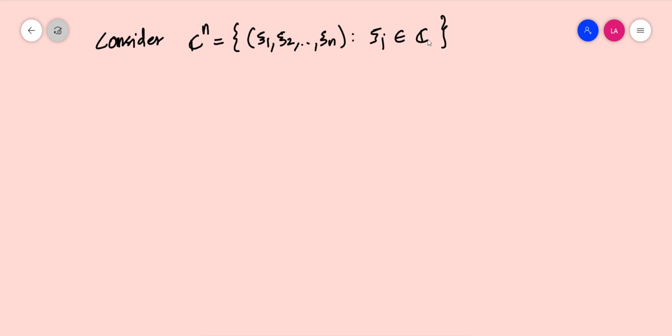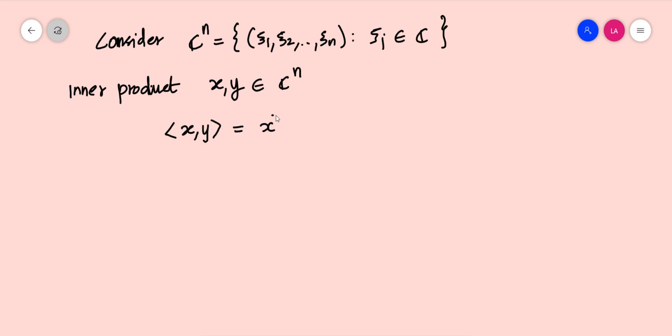Now, define an inner product in this space Cn as follows. If x and y are elements of Cn, then the inner product of x and y should be equal to x transpose y conjugate.